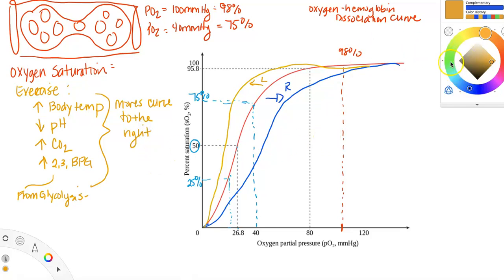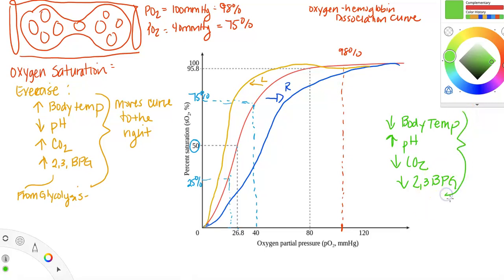Okay, and then on the other side, conversely, decreased body temp, increased pH, decreased CO2, and decreased BPG, those move the curve to the left.